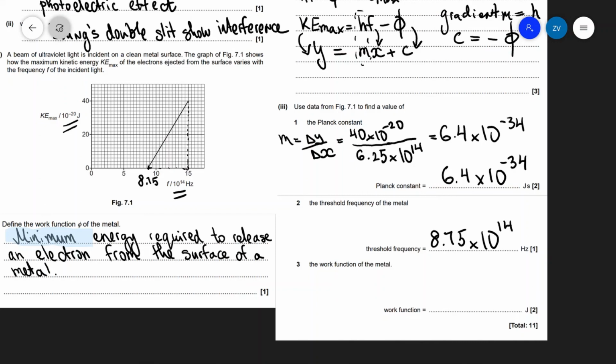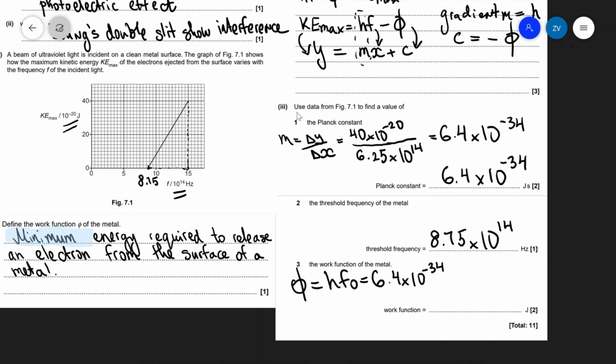Once we have the threshold frequency, we can also use that to calculate the work function just by multiplying that by Planck's constant. The work function is equal to Planck's constant times the threshold frequency. So this is going to be 6.4 times 10 to the power of minus 34. Notice that our calculated value from this data is different from the value of Planck's constant, which is given in our formula booklet.